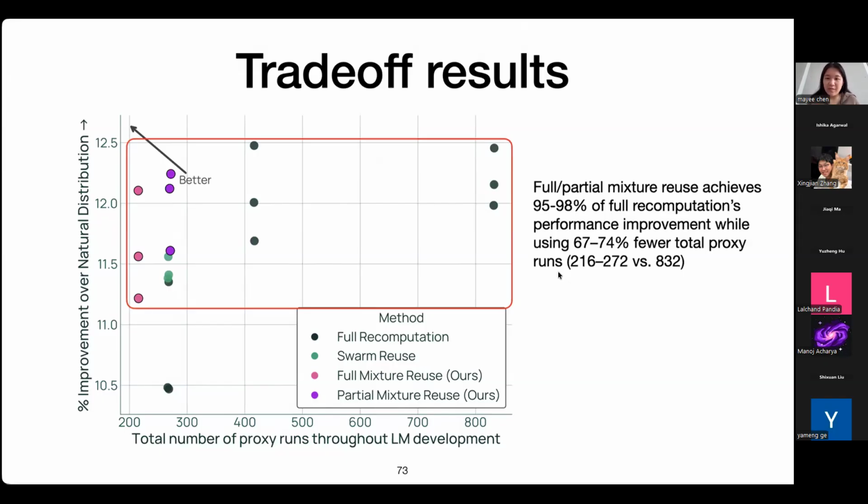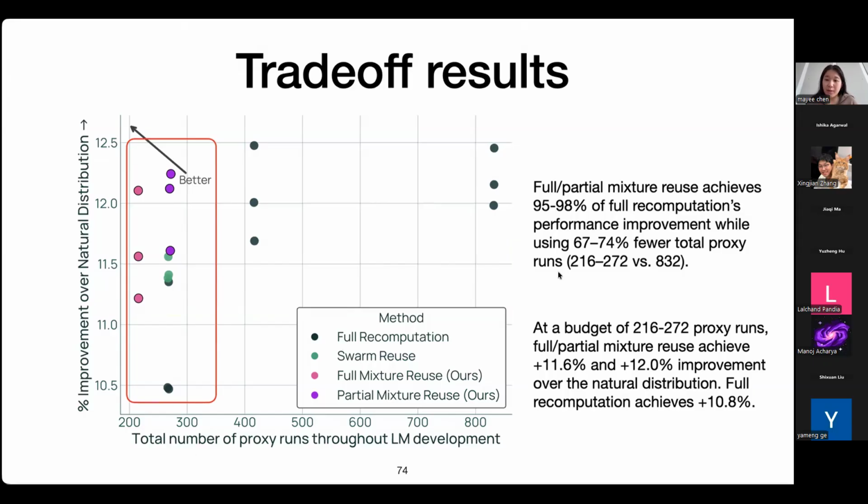And so first, if we look across horizontally, we see how mixture reuse does compared to full recomputation. And we find that we achieve between 95 to 98% of full recomputation's performance while using around 67% fewer total proxy runs. So we use around 200-something runs compared to full recomputation's 800-something runs.